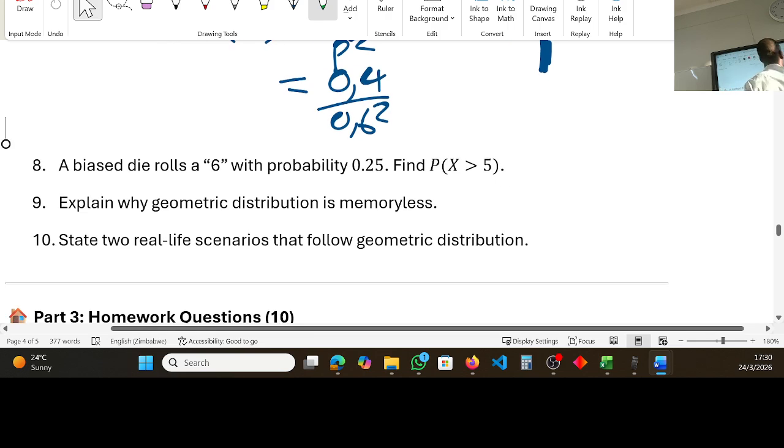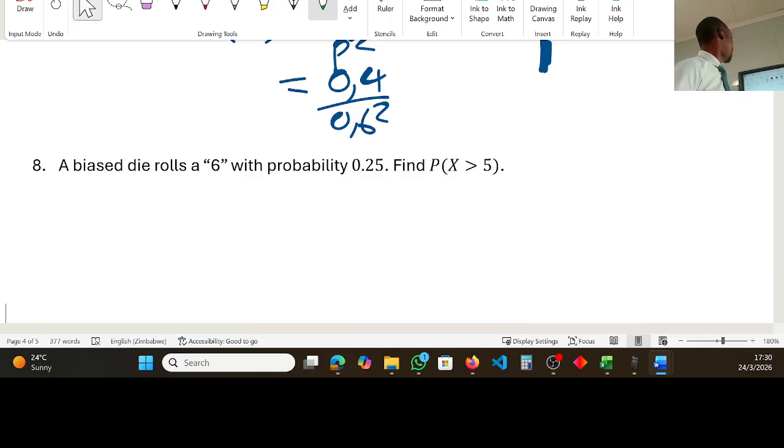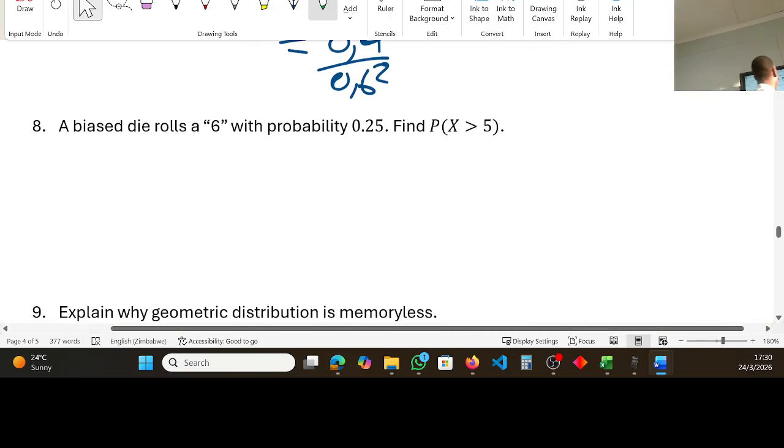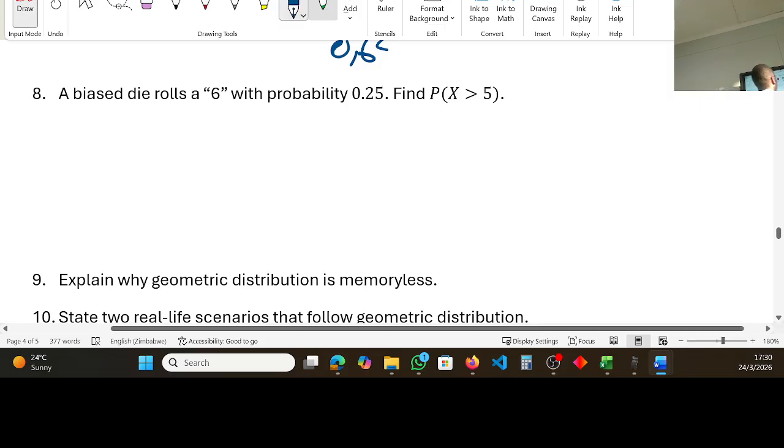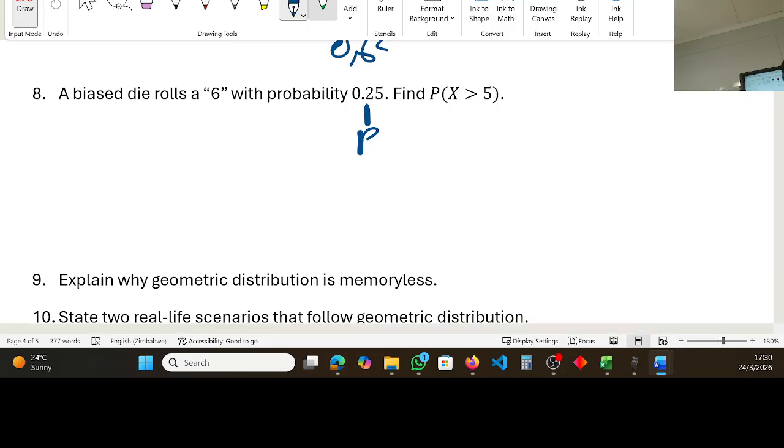Right. Then next we have another problem there. A die rolls a 6 with probability 0.25. Now, this is our p. We are interested in the probability that x is bigger than 5. The chance that x is bigger than 5 is as good as failing 5 times. So that's q to the power 5. This is my p, implying my q is going to be 0.75.